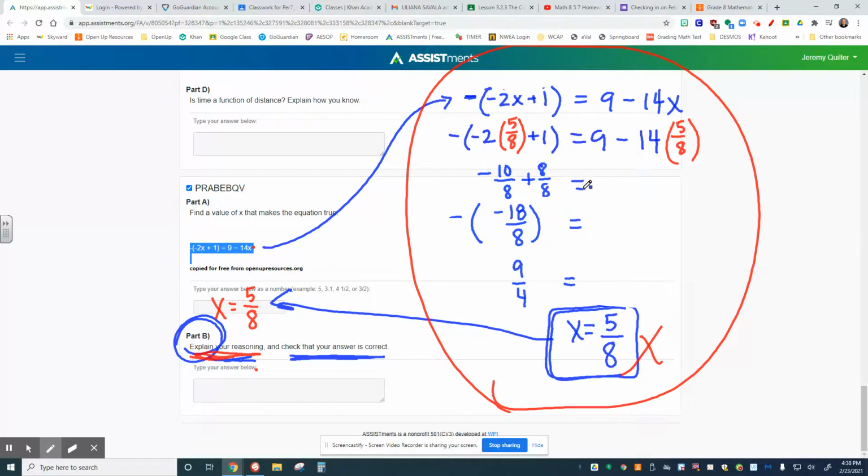Now, if I'm right, then the stuff over here on the right side has to also come out to 9/4. That means that I would need to take 9 minus 14 times 5/8, and that 14 times 5/8, I'm thinking here, 14 times 5 is 70, so that would be 70/8.